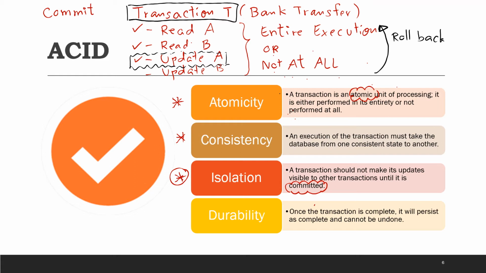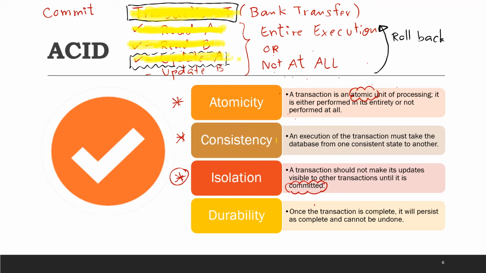For example, I may be executing this transaction T. Remember this transaction T that we are discussing for the transferring of money. Suppose that we are executing this one. We read the balance of account A, we read account B, okay. Now we update account A by deducting the amount of the transfer, right?